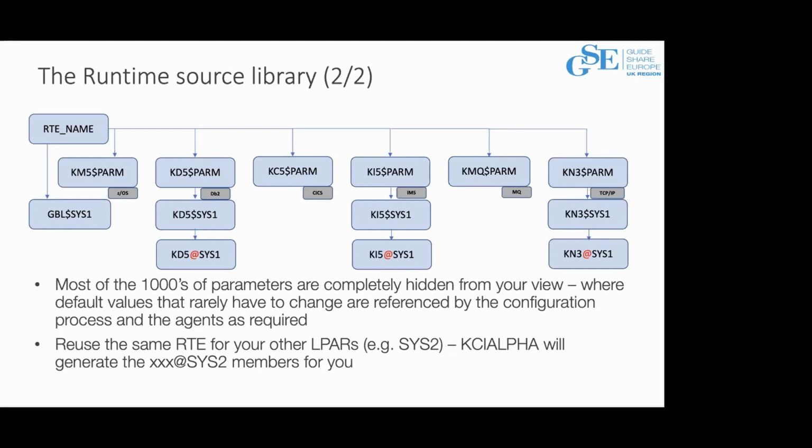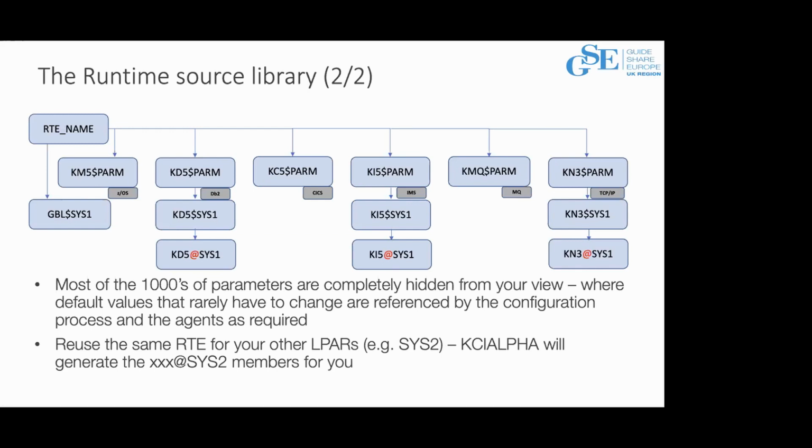So underneath that, now if you run your DLA, or rather your discovery, you'll get LPAR specific members created as well. So you'll see, in this case, you've got KD5 $sys1, sys1 being your LPAR. And you may have an IMS agent or IMS region running, so you get KI5 $sys1, and of course you've got network as well.